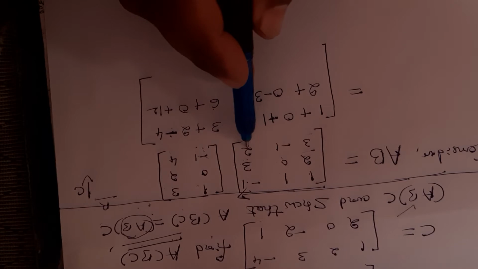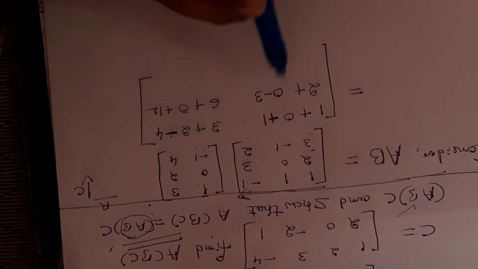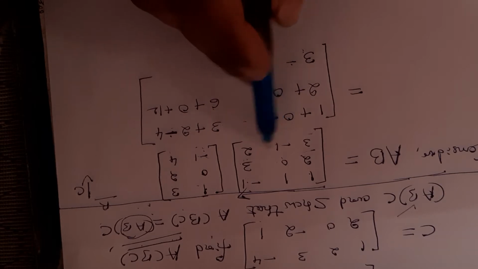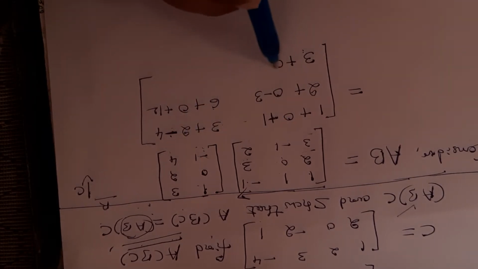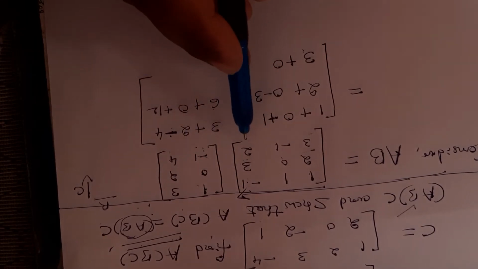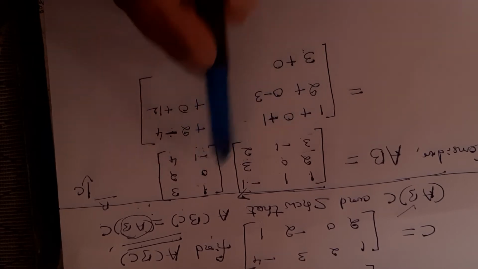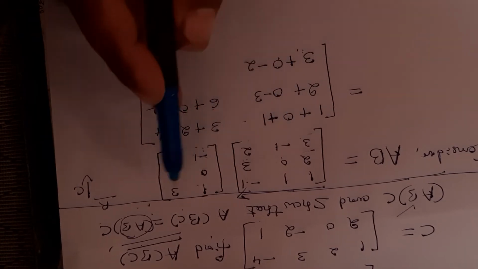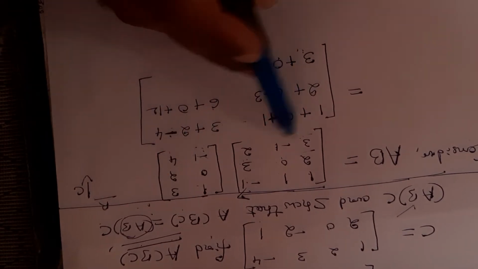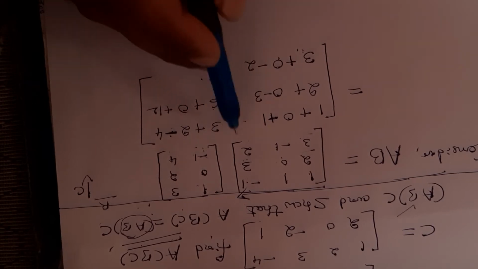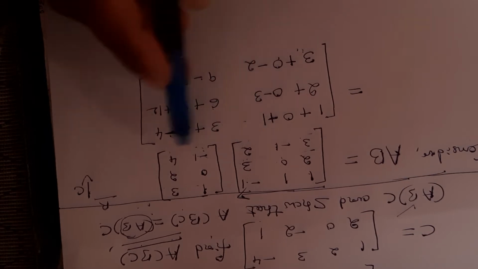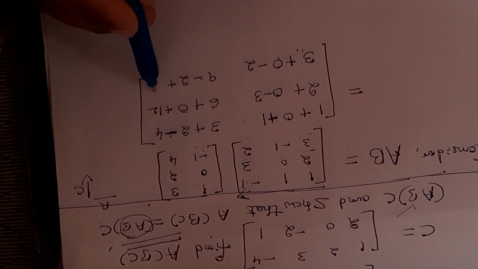Then I come to the last row. 3 into 1 is 3, then minus 1 into 0 is 0. Then 3 into 1, 3, minus 1 into 0 is 0, then 2 into minus 1 is minus 2. Then 3 into 3 is 9, minus 1 into 2 is minus 2, plus 2 into 4 is 8.